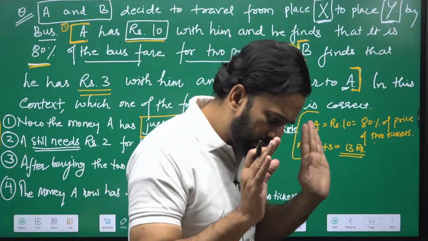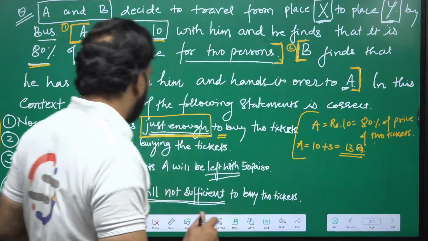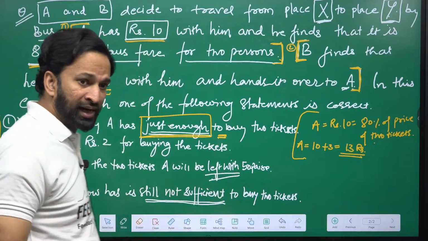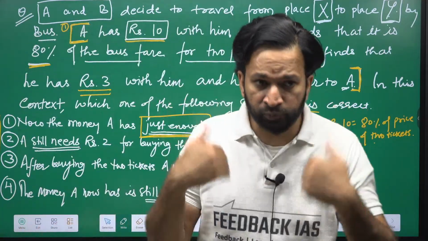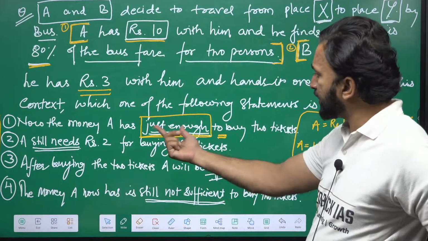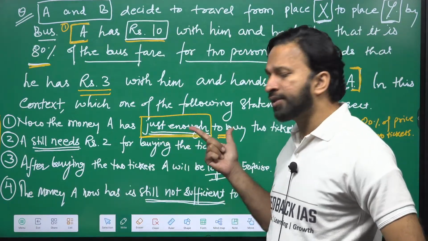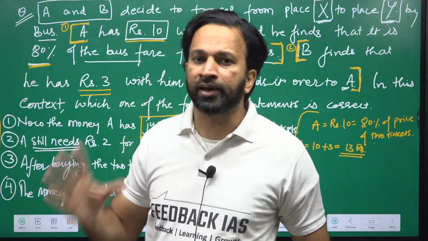That means equal to the amount. So this is the mental activity which must come to your mind when you read such keywords. Deciphering these keywords is important in the CSAT paper.